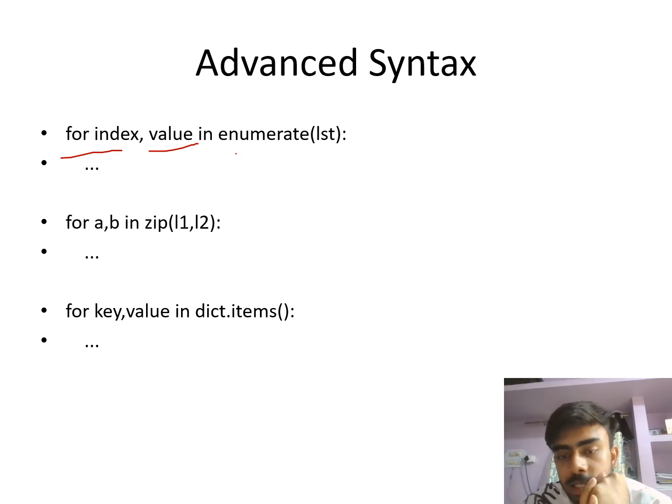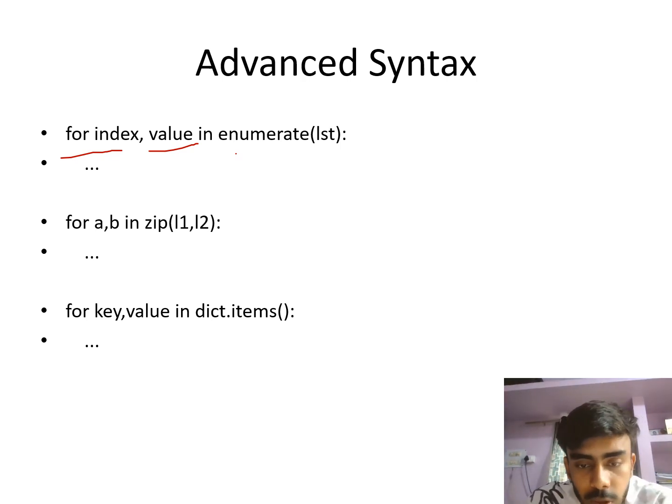Enumerate returns the index and value of each item. It returns the value and index number of each item. Like if there is a list, let's suppose you have A, B, C, D. It will return that value and its index also. It will tell you the index number of that value, and it will also return that value.